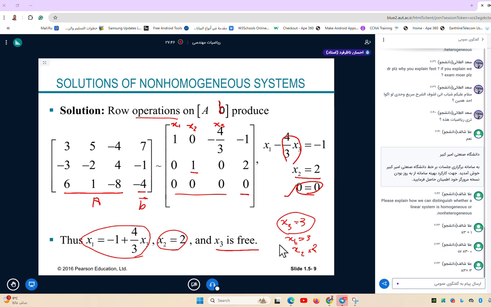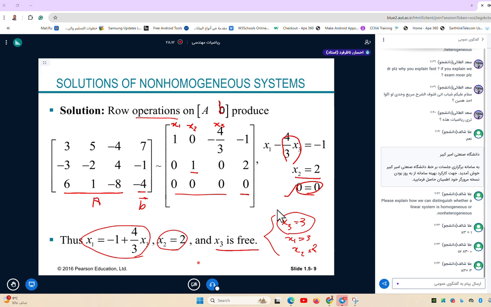But this is just one solution for that. For instance, I would like to put x3 equals 9. Then 9 divided by 3 becomes 3, 3 times 4 is 12, minus 1 is 11.